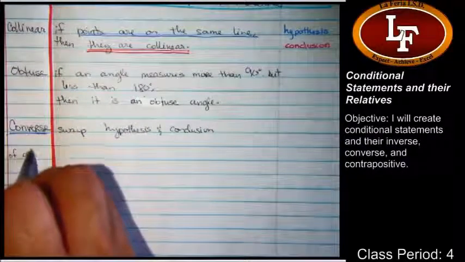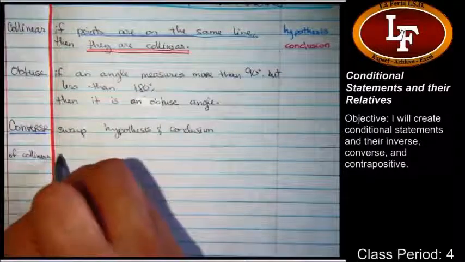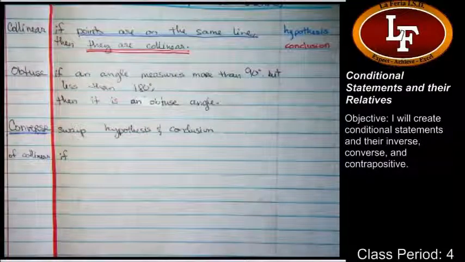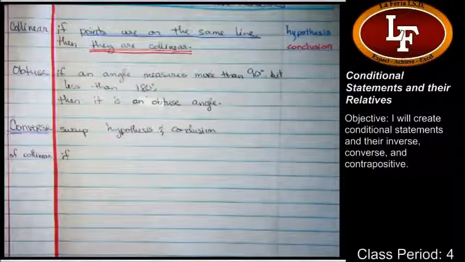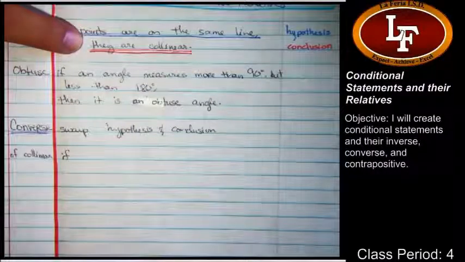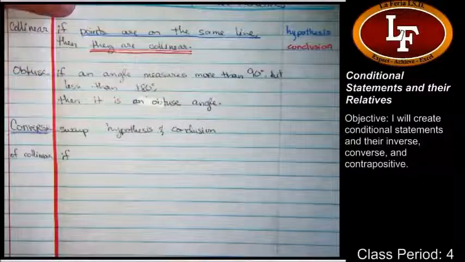So let's write the converse of collinear. What was the conclusion of the conditional statement for collinear? The conclusion double underlined? They are collinear. What are collinear? Points.